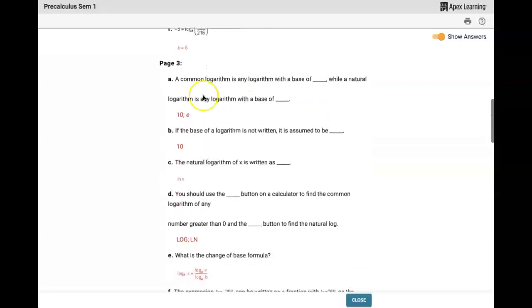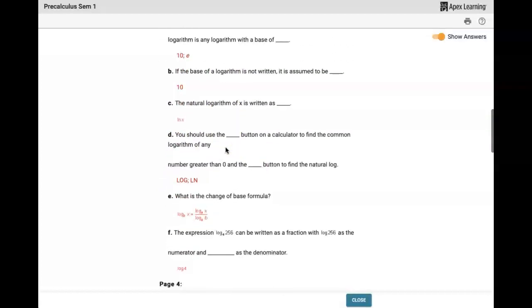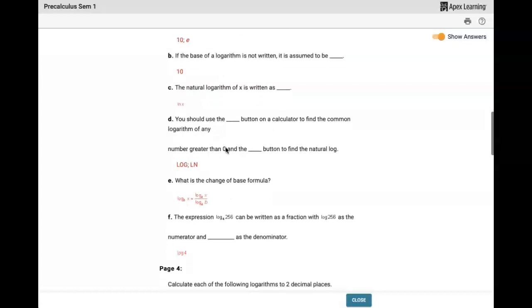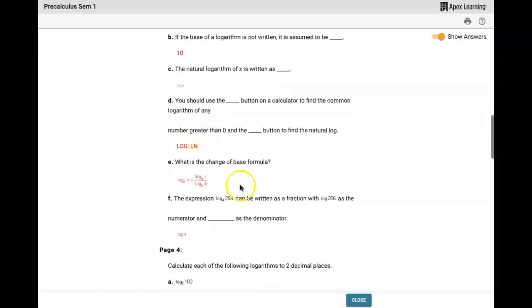Okay. So then a common logarithm has a base 10 and a natural logarithm has a base e. Your natural log is your ln of x, and your base 10 log is the one you'll see on your calculator where it just says log, right? So if it just says log, it's assumed to be base 10. So then you have log versus ln buttons on your calculator.